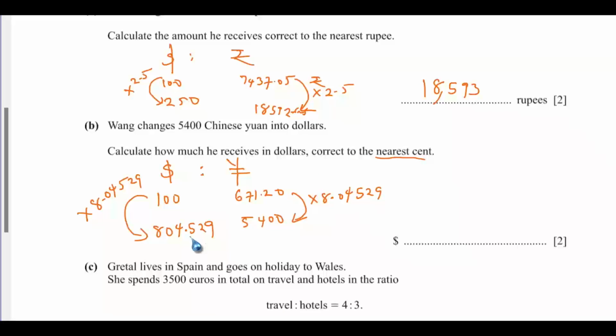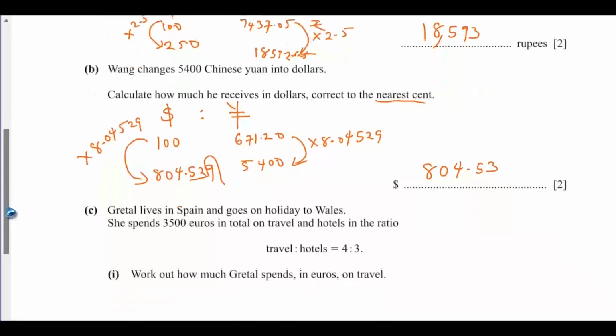So this is our decider. It tells us to round up, and that becomes 1. So our final answer will be 804.53 to the nearest cent.